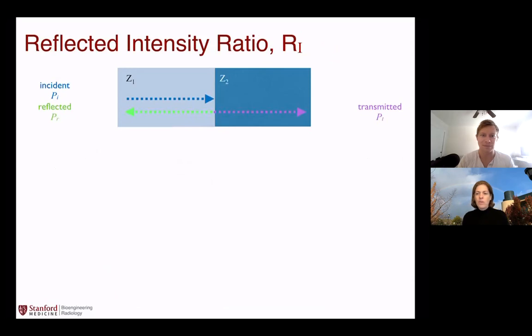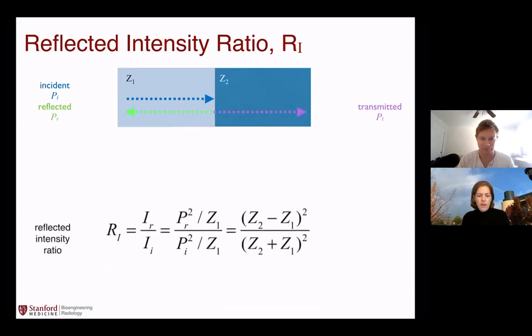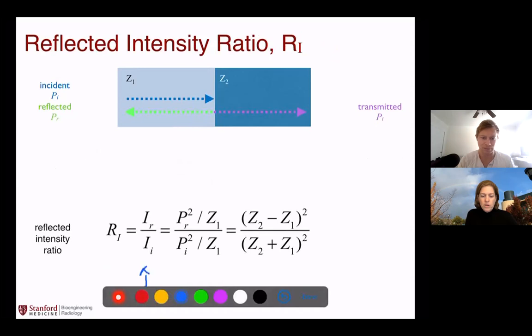And remember, intensity is defined as the pressure squared over the acoustic impedance. So using that relationship, to get the reflection coefficient for the intensity, we look at this part right here. It's the ratio of the intensity that's reflected over the incident intensity.